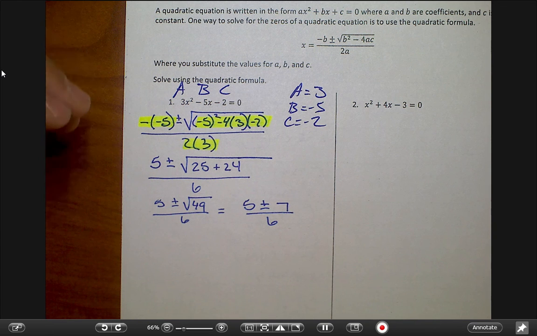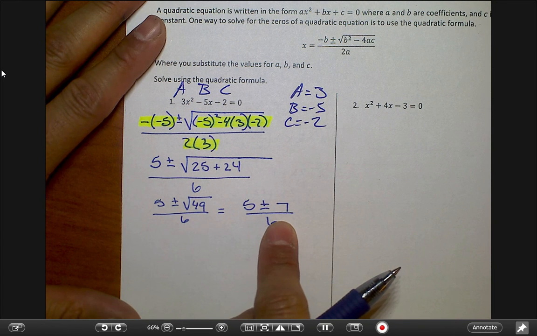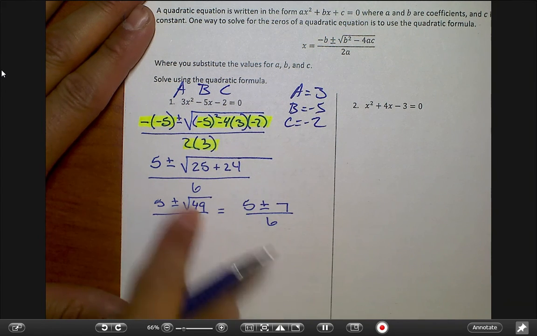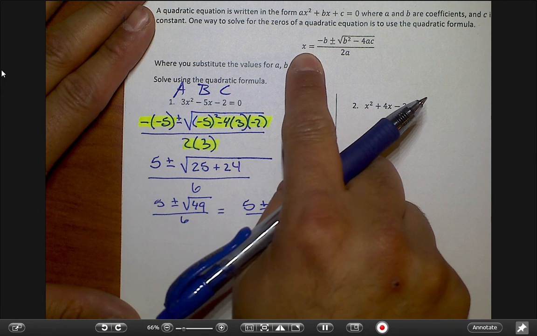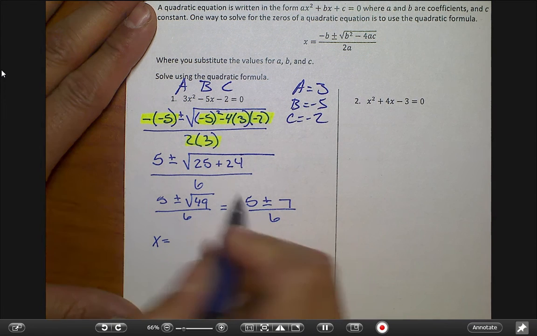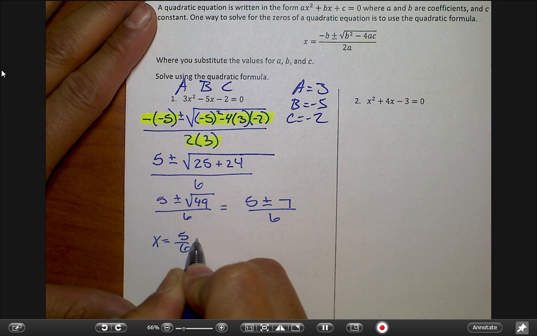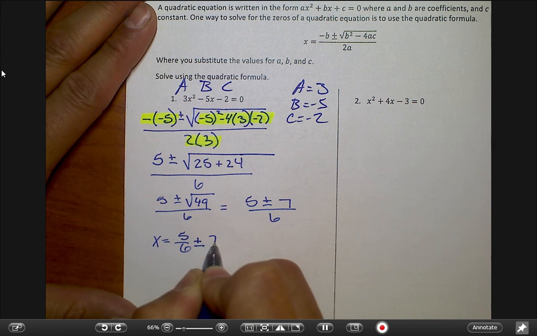That's it. All right. So now I'm going to break this up into 2 separate fractions. And we're solving for x here. So all these right here, if you notice, it starts off with x equals. So I'm going to have that x is equal to 5 over 6 plus or minus 7 over 6.